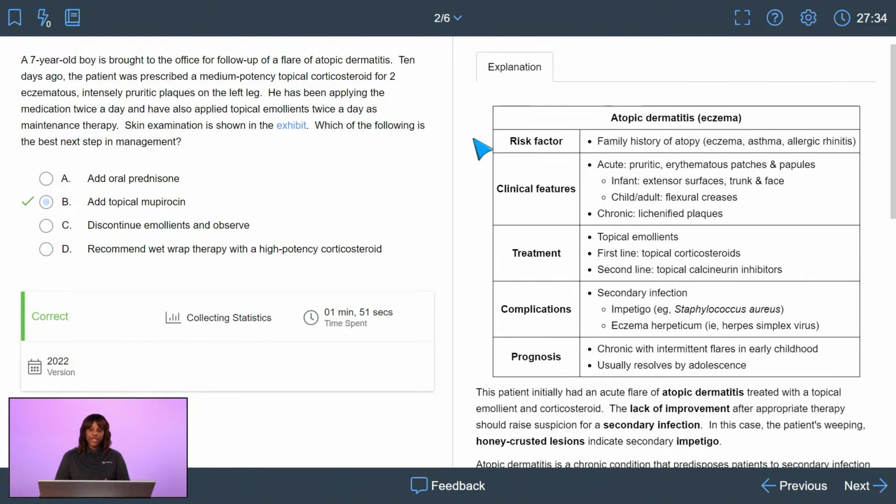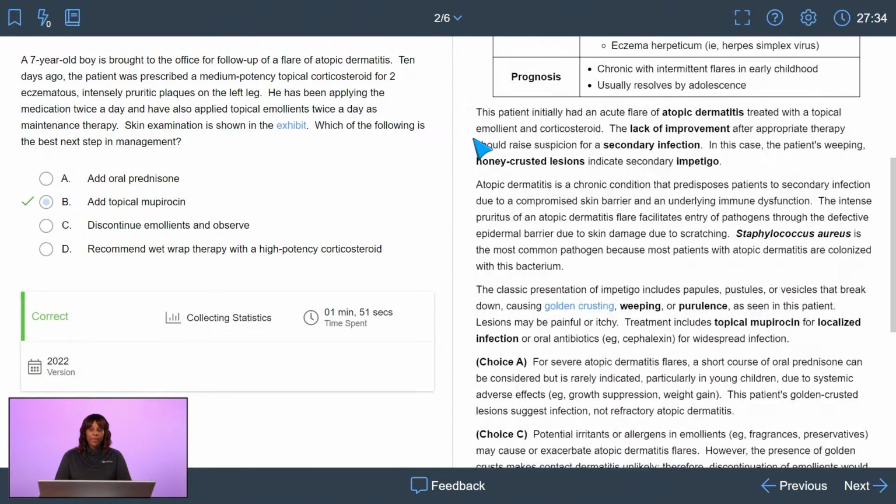Key features are the itchiness and the patchiness. It shows differently in infants versus children and adults, but he's using the actual therapy. But because this patient had an atopic dermatitis with a superinfection on top of it and it wasn't going away, you want to make sure that you're getting an improvement in that infection.